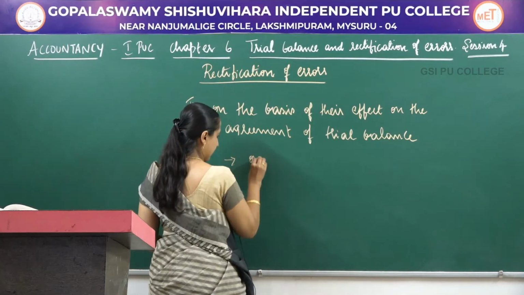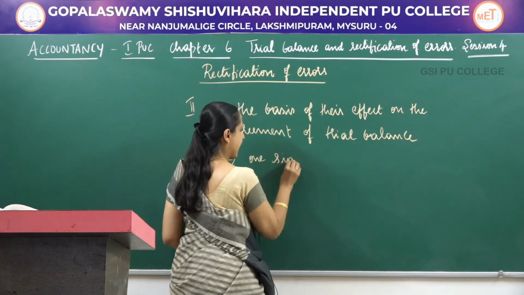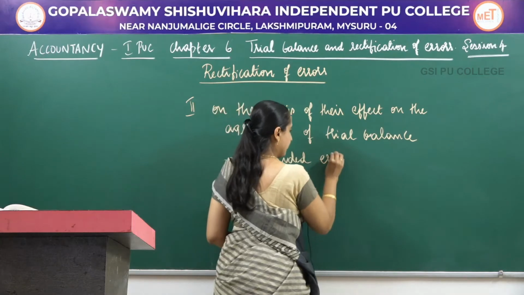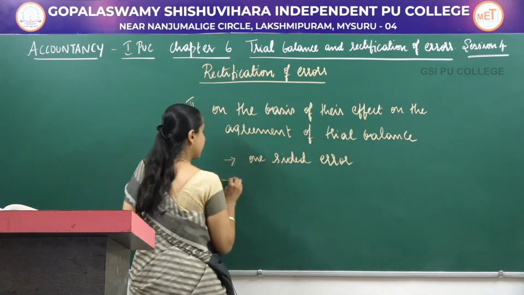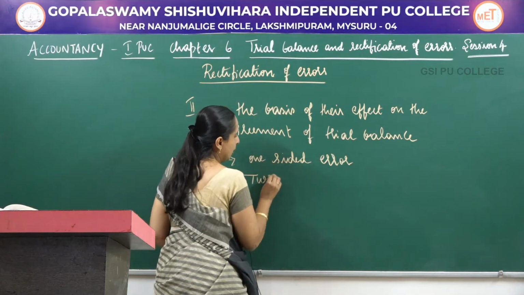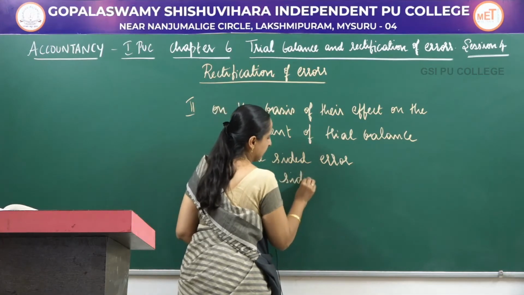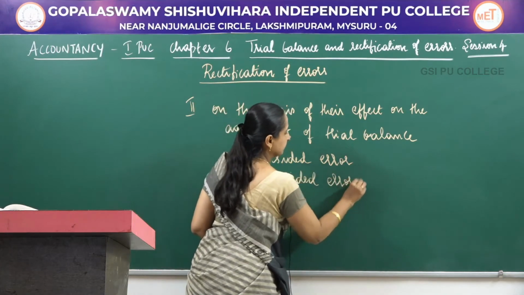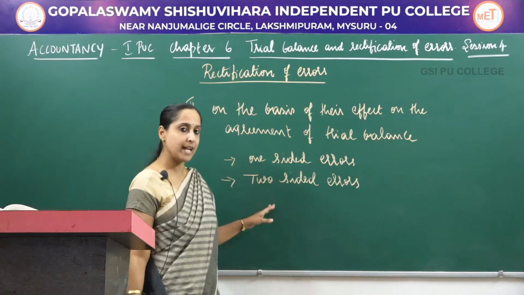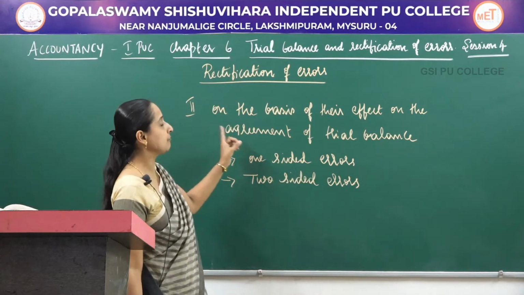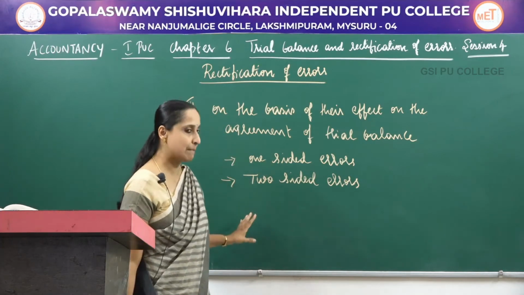First one is one-sided error and second is two-sided errors. One-sided errors and two-sided errors. This is on the basis of their effect on the agreement of trial balance.